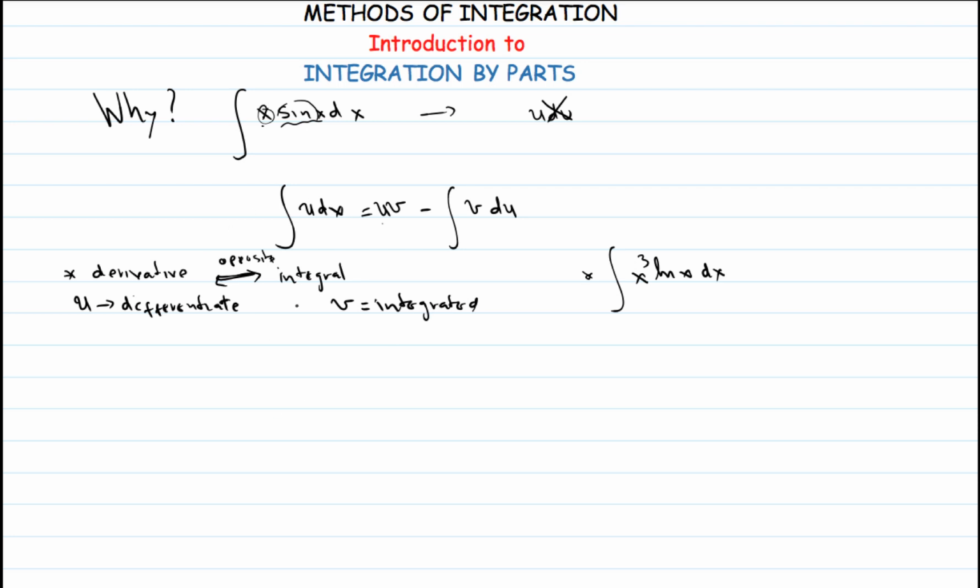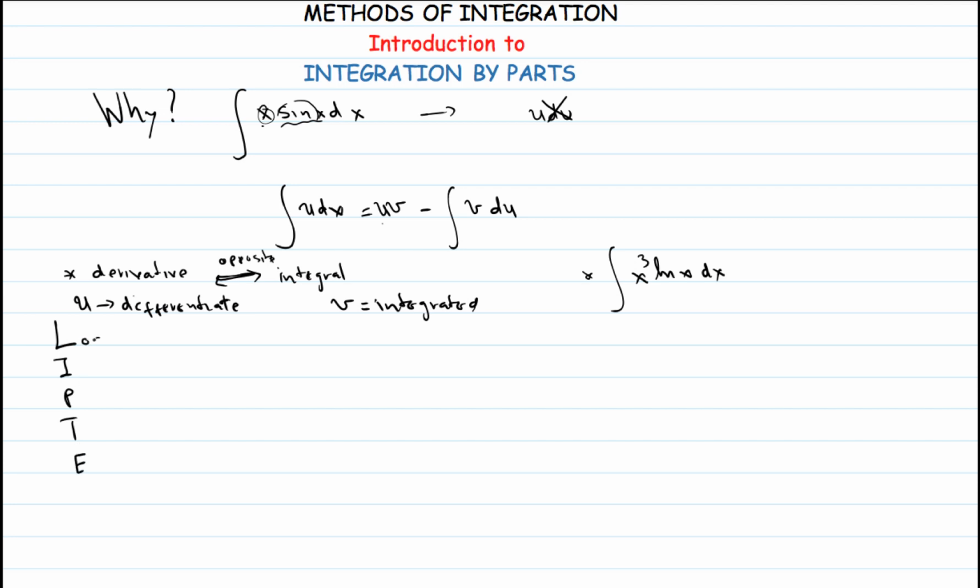Now, to select our u, we have to follow a principle. We first check if there's a log in the function, and then we check if we have an inverse trigonometric function, and then if we have a power of x, and then if we have trigonometric functions, and finally if we have exponential functions.